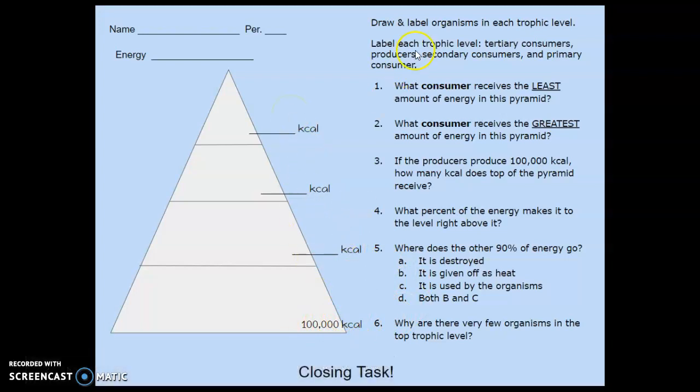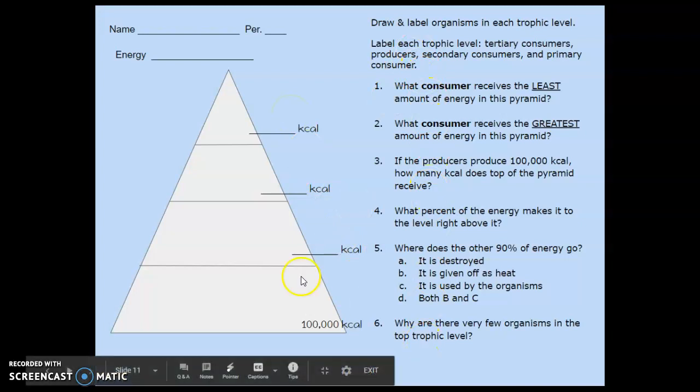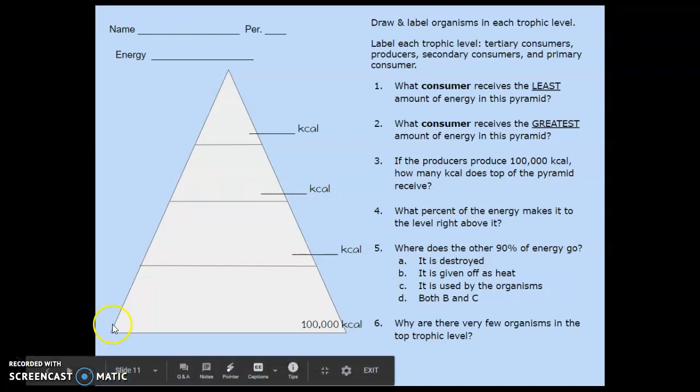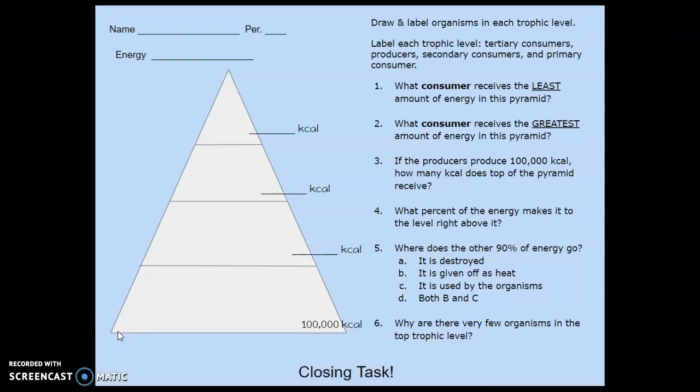So you have to answer these questions from this drawing here. Then you will take a picture of this and submit it to me. I may even have another option with a set of questions, but if I don't, then the only way you're going to be able to submit it is through a picture.